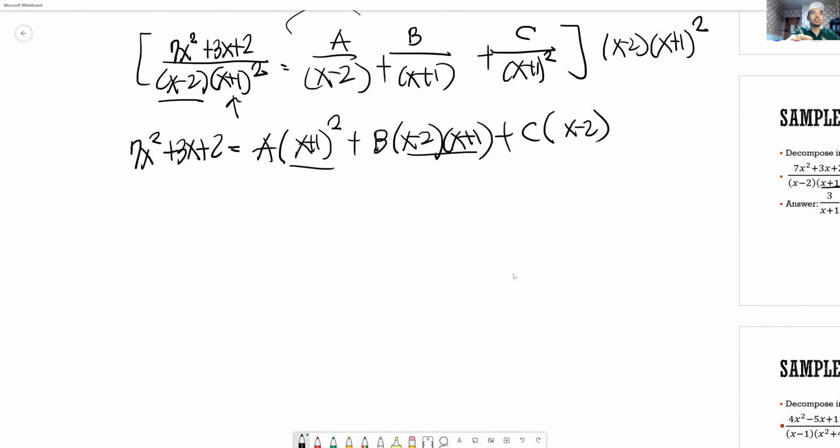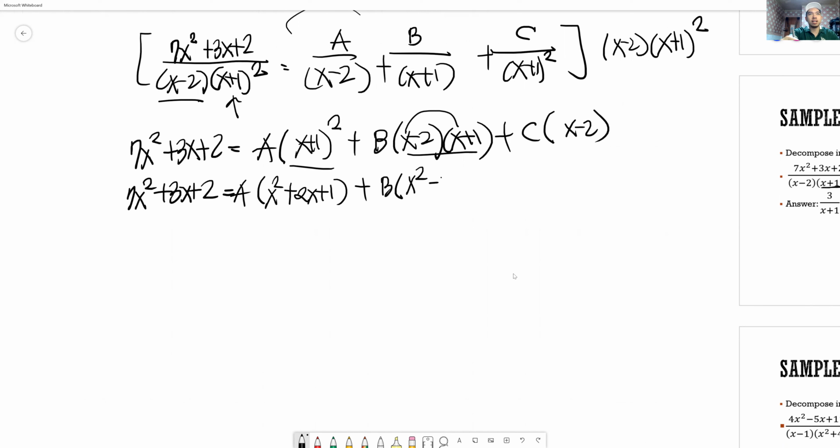So that we can write this as 7x squared plus 3x plus 2 is equal to a quantity, so this is special product. So this would be x squared plus 2x plus 1 plus b quantity, first term x squared. So x minus 2x, so that is negative x, and then we have here negative 1 plus c quantity x minus 2.